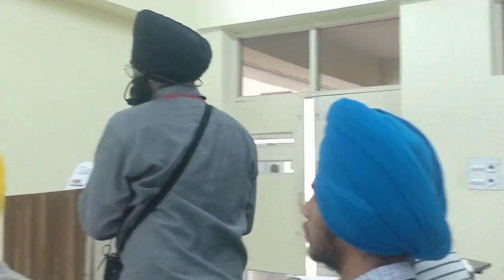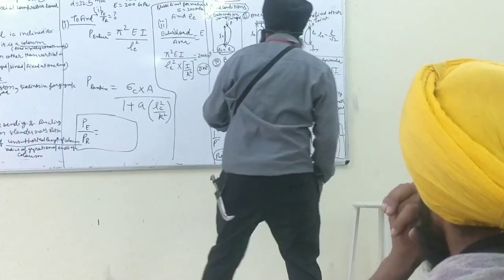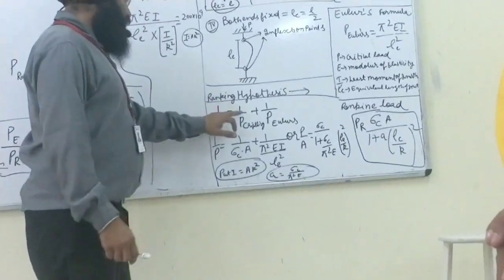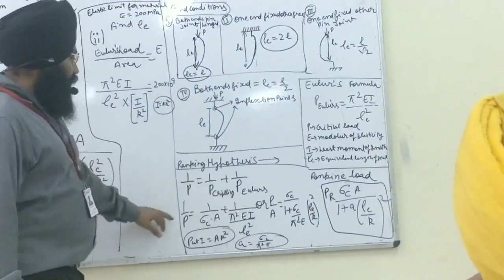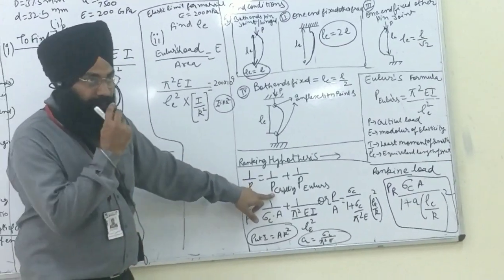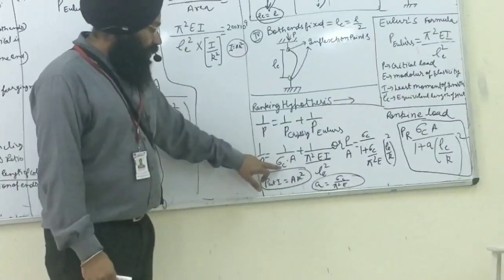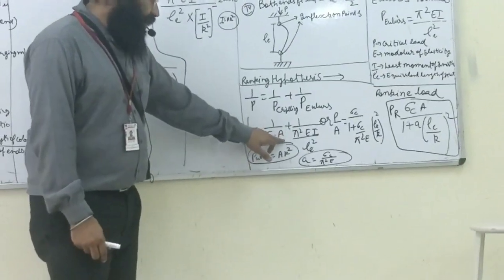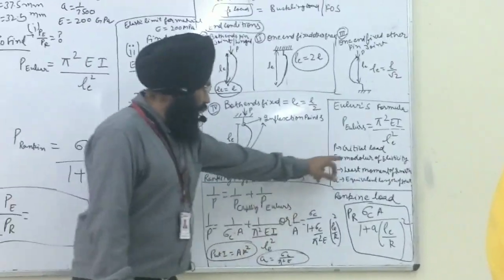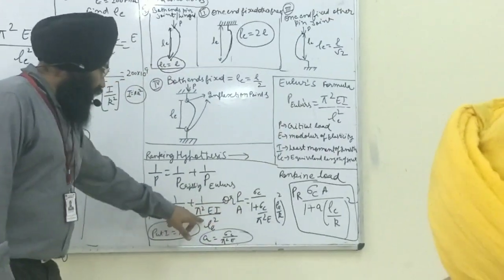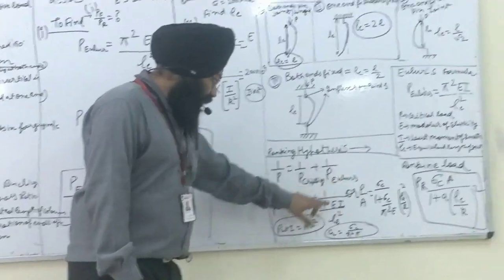In the Rankine we are calculating the load due to the Rankine formula. So its formula is 1 by P is 1 by P crippling plus 1 by P Euler. We are putting the value of the crippling load as crippling stress into area. P Euler you have just calculated over here. Put the value in this part for P Euler.